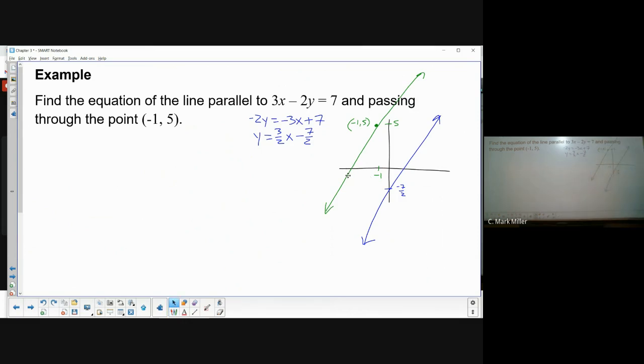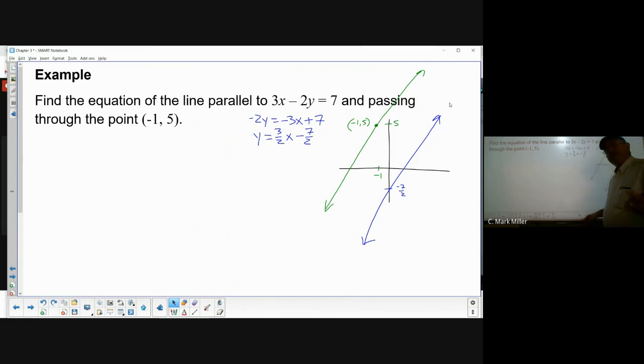That's the parallel line, let's say. It's going to have the same slope. So we found the slope 3/2. My parallel line is going to have the slope of 3/2. So now I have the slope of my desired line, the parallel line, and I have a point on the desired line.